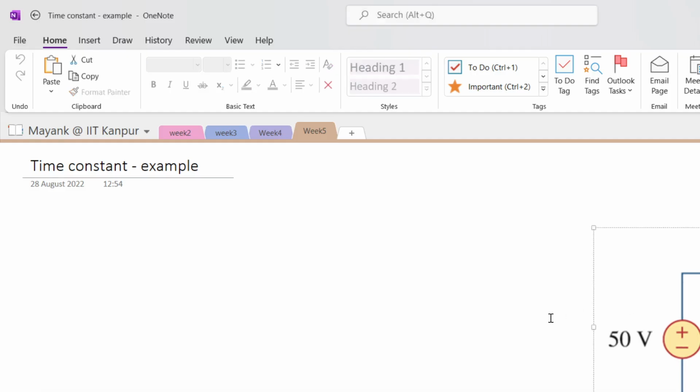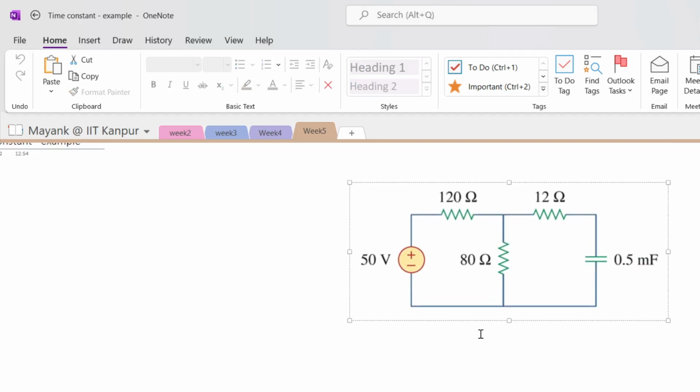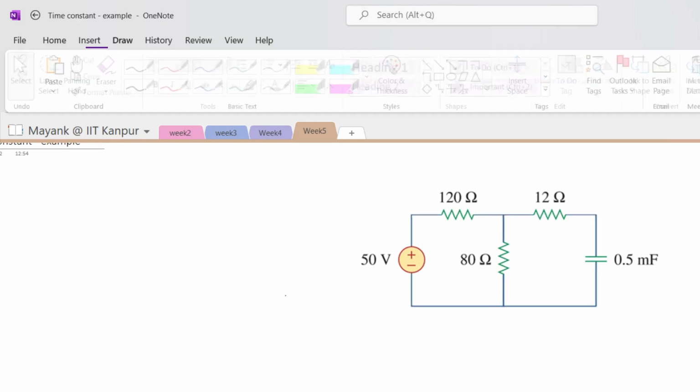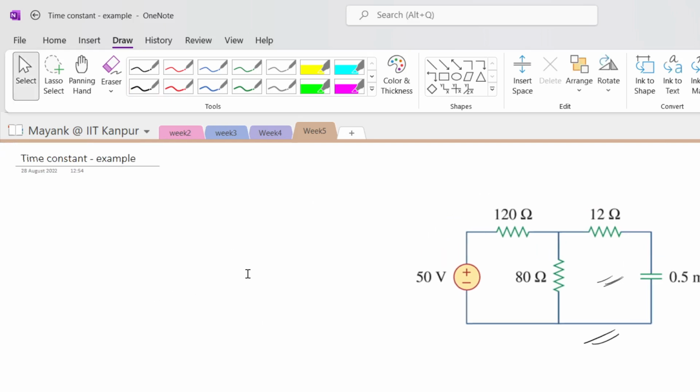Okay, fine. Let's solve this particular question. I have asked you to find the time constant of this particular circuit, right? This is the circuit here. So what should you do in order to find the time constant? This was covered earlier in the week. If you have to find the time constant of a first order RC network, you first have to see where the capacitor is. There is a capacitor here, right?